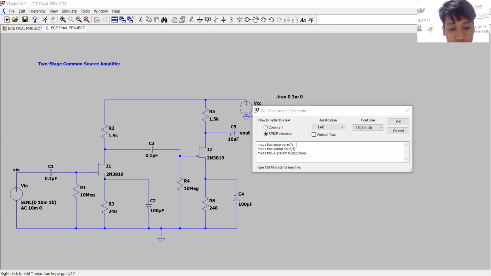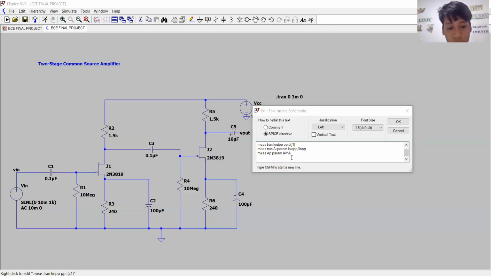And that measure AP param. This is the average power for the circuit. AV AI.